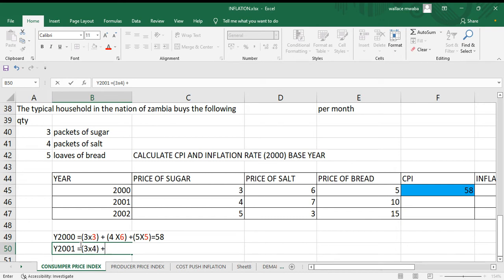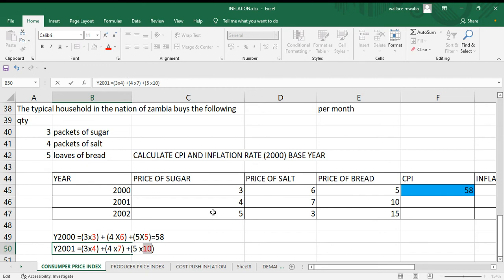Quantity of salt is 4 times 7 kwacha. I'll highlight the prices in red. Plus loaves of bread, 5 by 10. Let me highlight so that for revision purposes you won't get confused, because tables tend to get confusing at times.